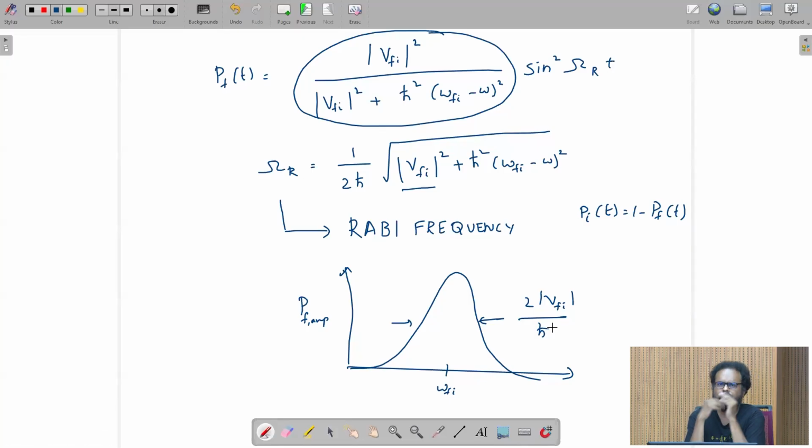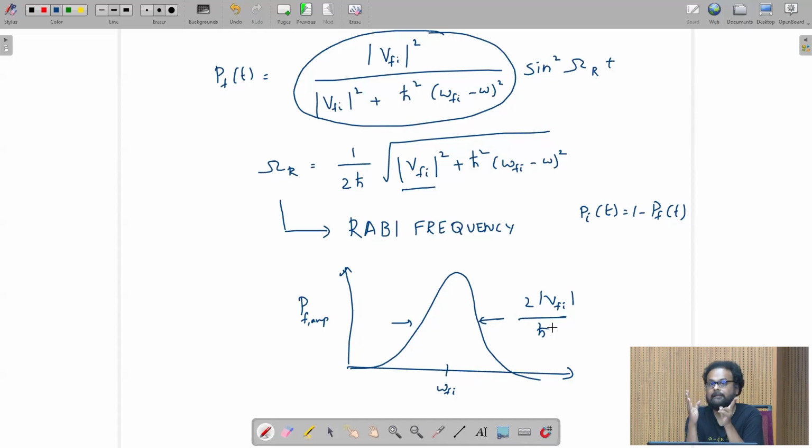Okay, so what we went through overall is what happens if I start driving the system. When I start driving the system, you will see that the probability of finding the state is going to oscillate at the Rabi frequency, meaning that I'm generating coherence because of the interaction with a potential, number one.